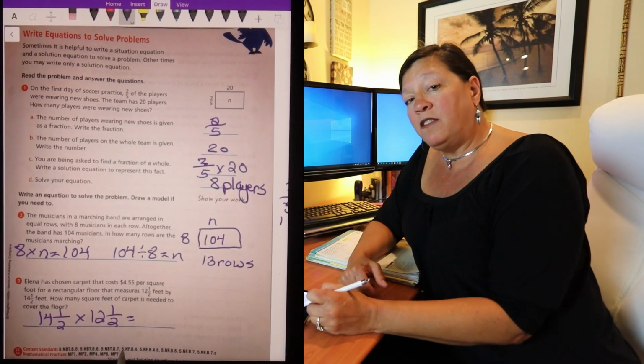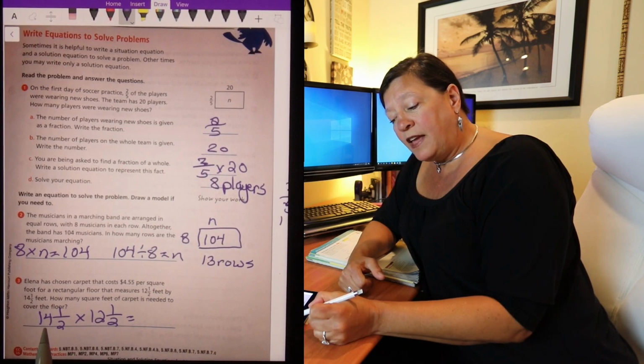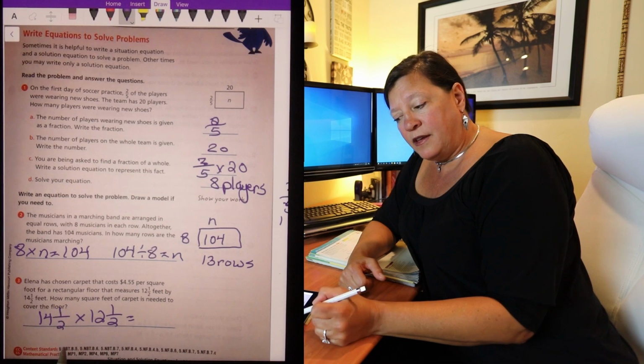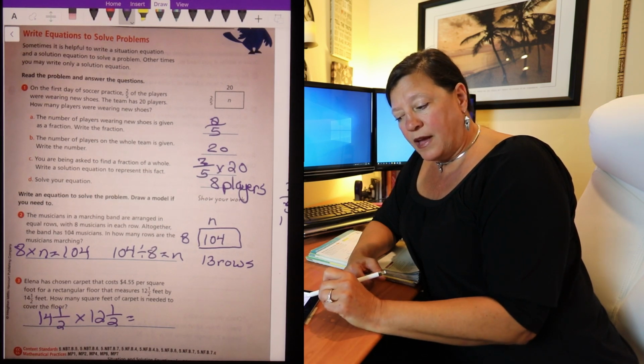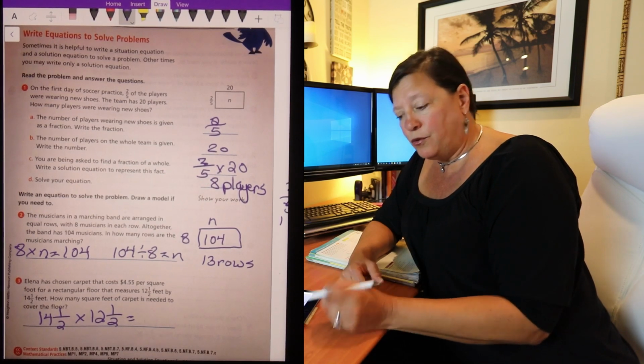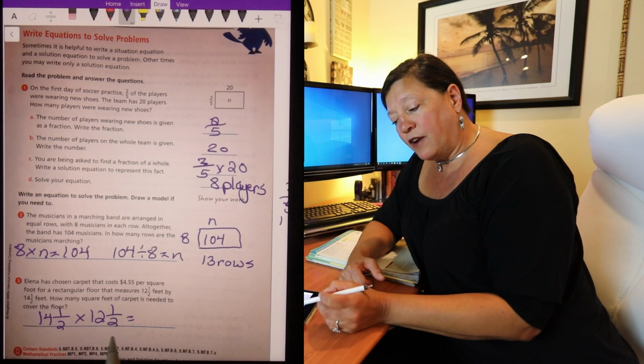Okay, those are mixed numbers. You can't multiply them that way. Okay, you need to take your whole number times your denominator, add your numerator, and put that over 2. Okay, so 14 times 2 plus 1 over 2, and then the same with your 12½. Turn that into a fraction.